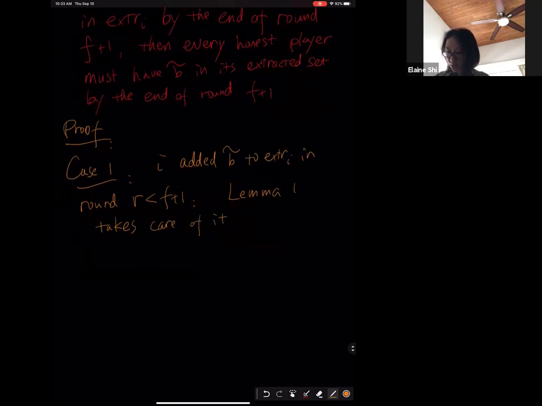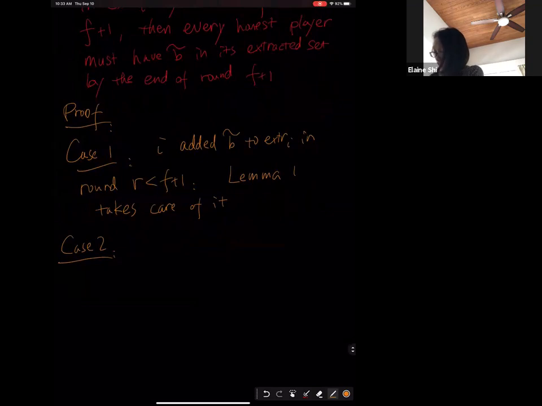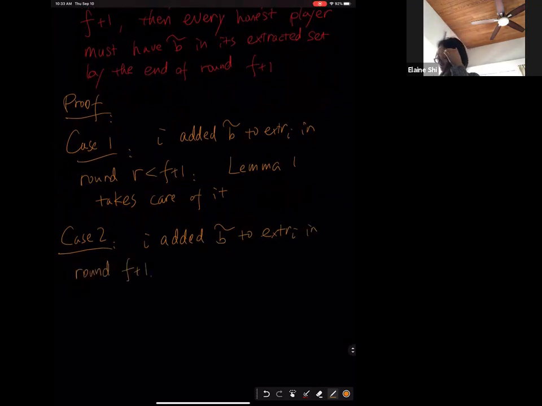Okay, so the more interesting case is case 2. Case 2 is when player i added B tilde to extracted_i in exactly the last round, in round f+1. And this is where the magic happens.